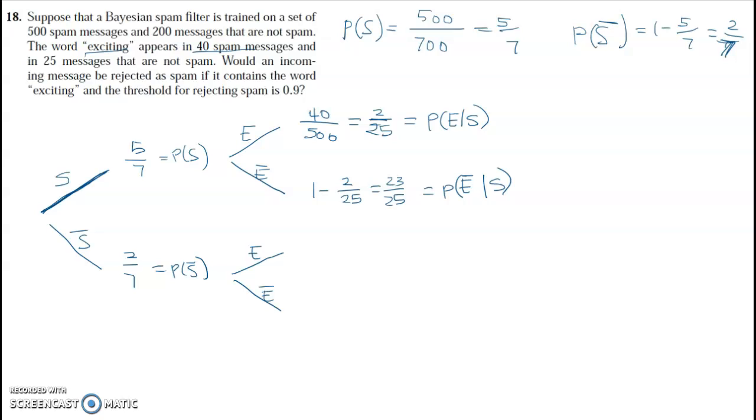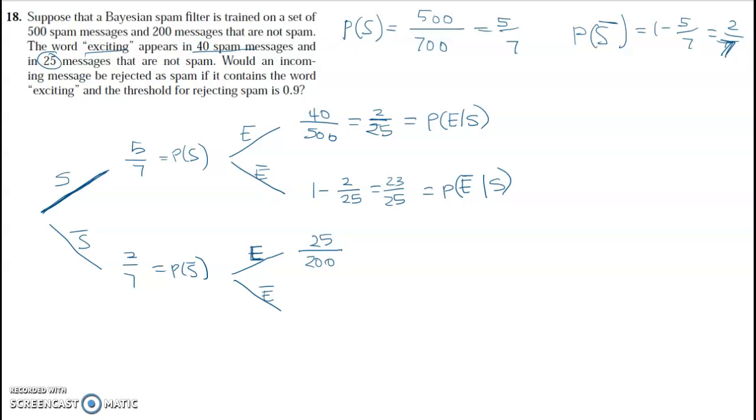Okay. All right, now let's move on to the next branch. So this is the message that contains the word E, given that it was not a spam. So that number is 25. So we're using that number 25. And what's the total number of messages that were not spam? That was 200.